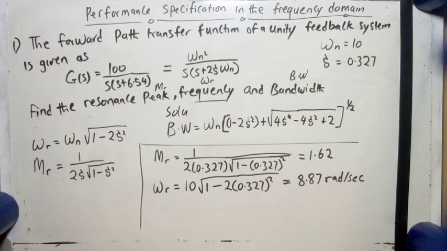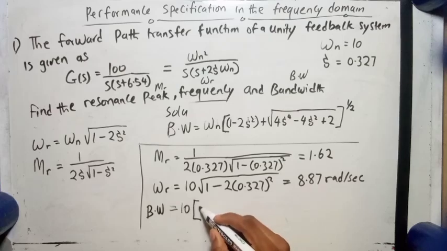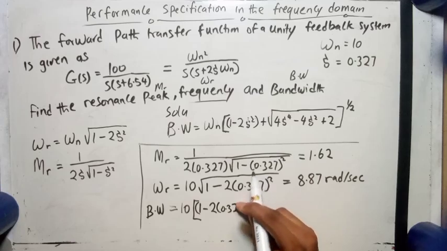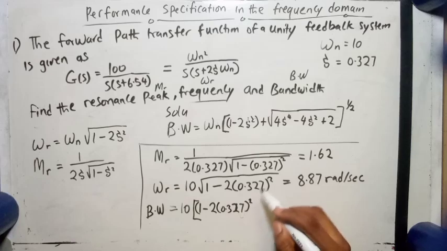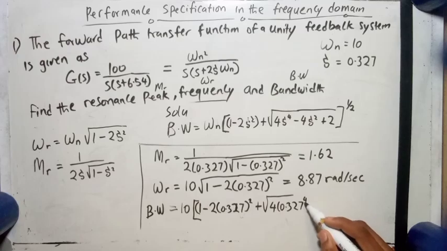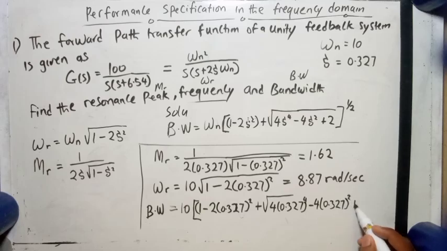Now the last one is bandwidth, BW. Substituting our values, we're going to be having Wn, 10, in brackets, 1 minus 2 zeta squared, with 0.327 again. Then we add this to 4 times 0.327 raised to power 4, minus 4 times 0.327 raised to power 2, plus 2, all raised to power 1 over 2.